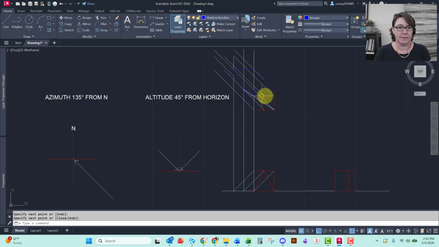Now let's look at this piece right here. Again, it's a triangular plane. It's just further back in space. All right, and so the shadow would start here, it would come back to here, and it would end there. All right, notice those are the same angles. They should be.